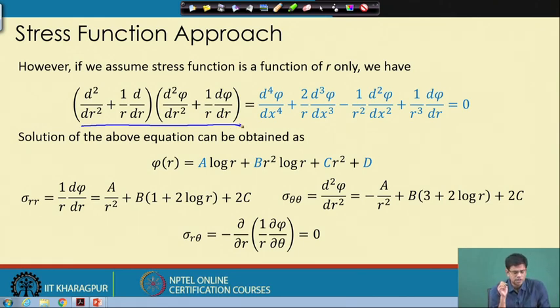So, then the biharmonic form of the equation will take this form. You see there is no derivative with respect to theta. So, d2 phi by d theta 2 becomes 0.